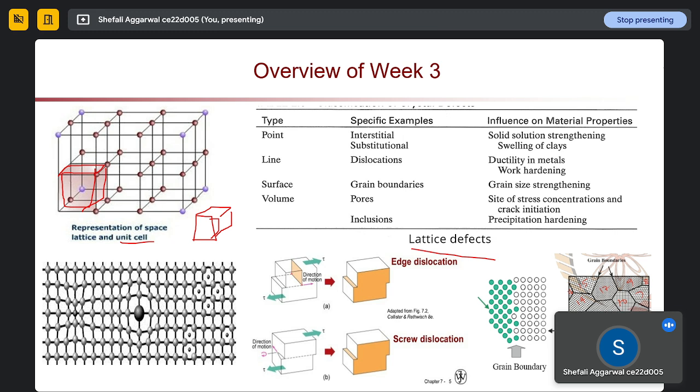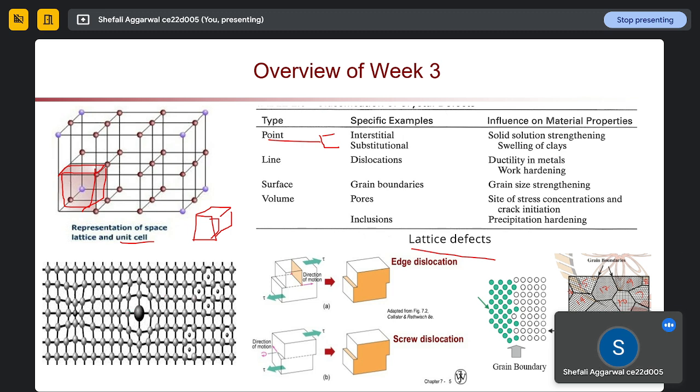Next coming is what are the different types of defects in our material. The first type of defect is the point defect. There are two types of point defect: interstitial and substitutional.